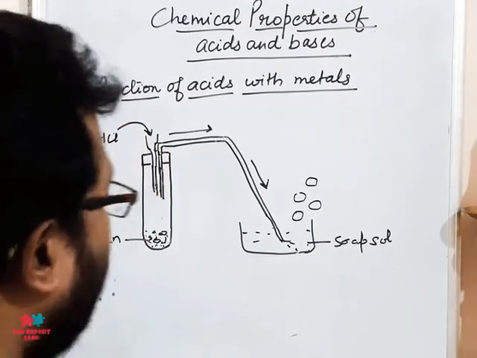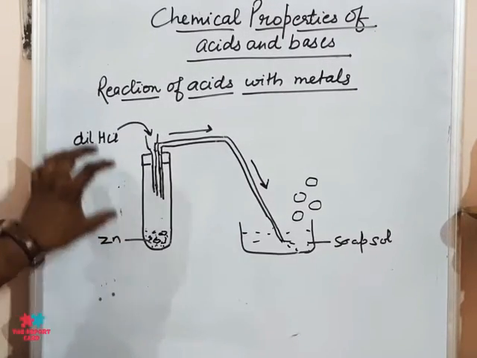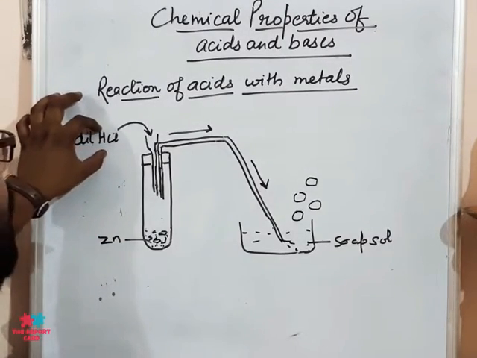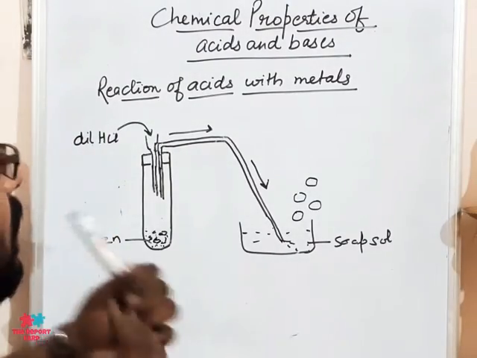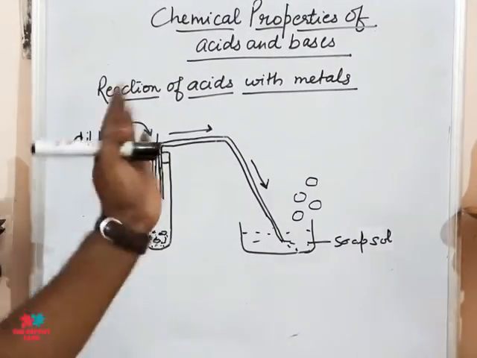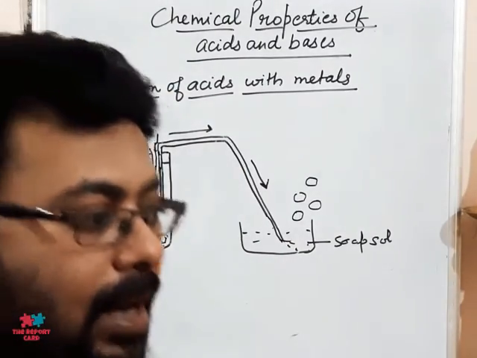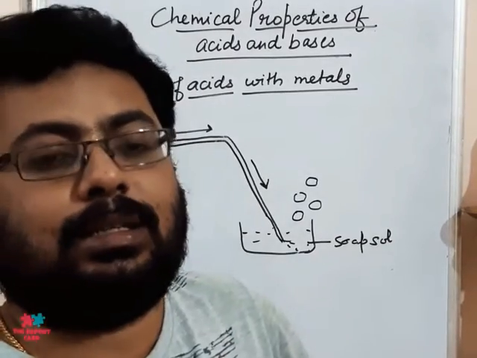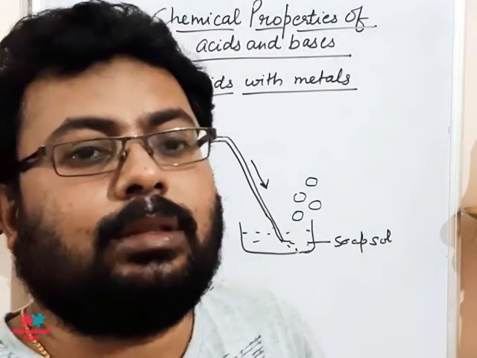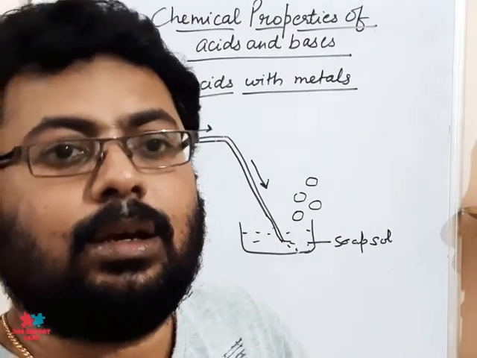So that means the zinc metal has displaced hydrogen from hydrochloric acid. This is what happens when acids react with metals. Basically, the metals remove hydrogen from the acids, the metal salt is formed and hydrogen gas is released.